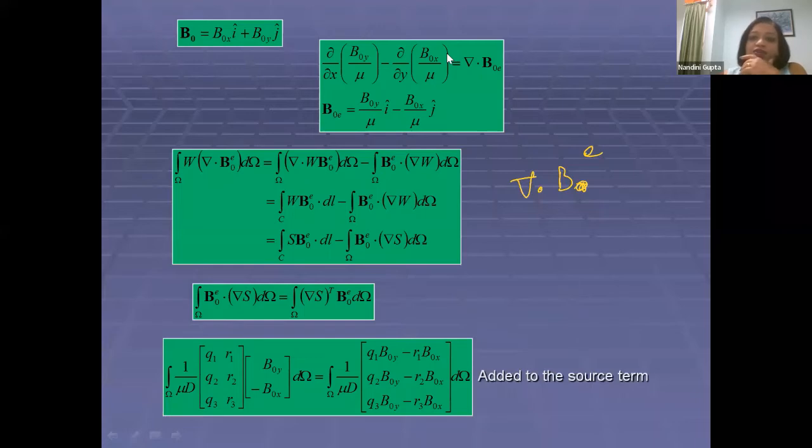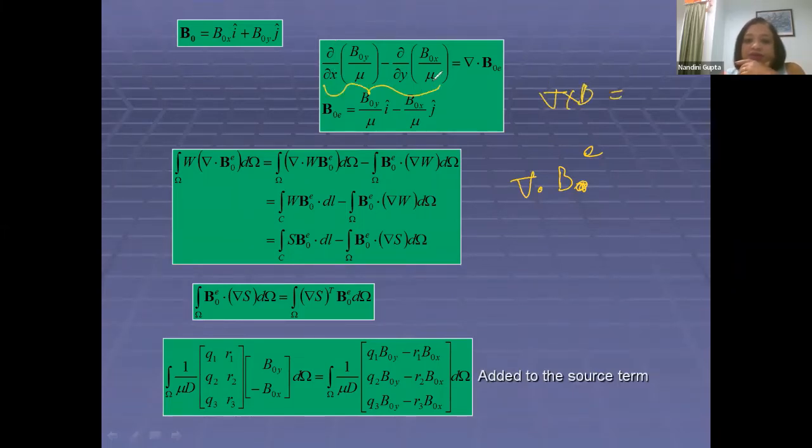And this is a two-dimensional field. So for a two-dimensional field, curl of B is equal to this quantity. 1 by mu is already there. So 1 by mu curl of B is this left-hand side.